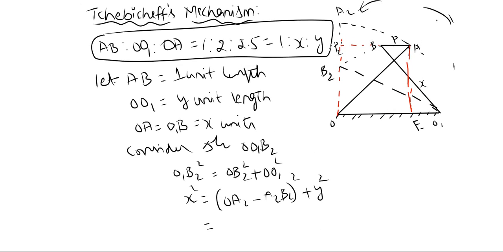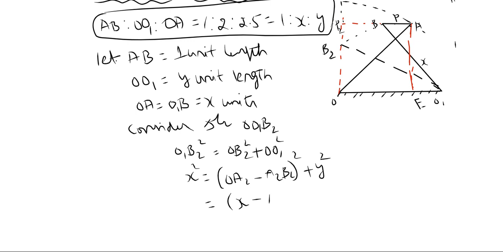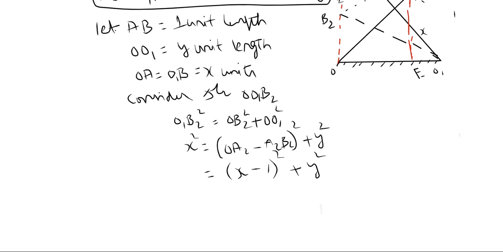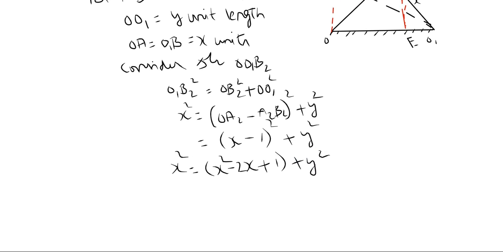Now see here OA2. OA2 should be equal to OA, which I am writing as x minus A2B2. Here AB is equal to 1 unit length, so AB should be equal to A2B2. So we have x minus 1 whole square plus y square. If you derive this, you will get x square minus 2x plus 1 plus y square.